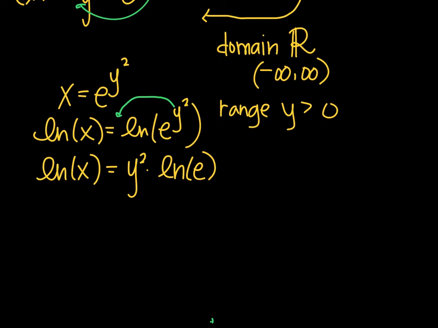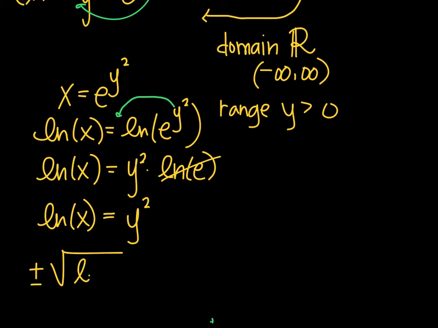Okay, that linear is always equal to what value? 1. And so the natural log of e is 1, so we now have just y squared by itself equals the natural log of x, and then we can use the plus or minus square root one more time. So we have the plus or minus square root of the natural log of x equals y.